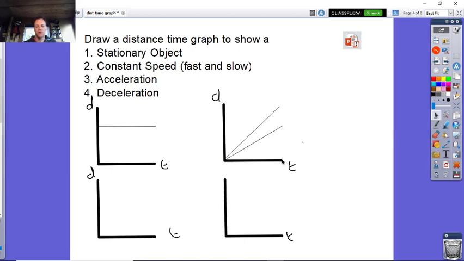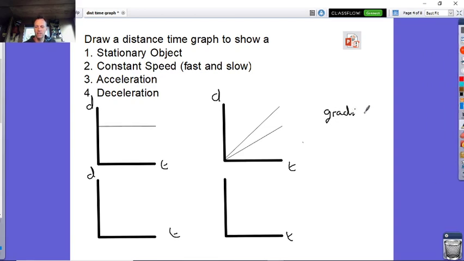the steepness, or the gradient, which is the posh word they use, basically means the steepness represents how fast it's traveling. For example, this is going to be a slow moving object and this is going to be fast.